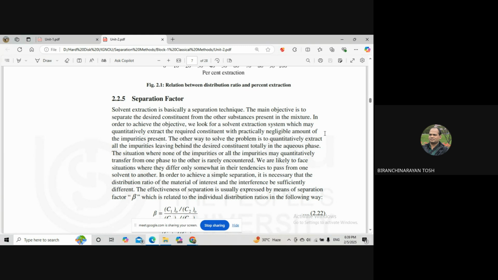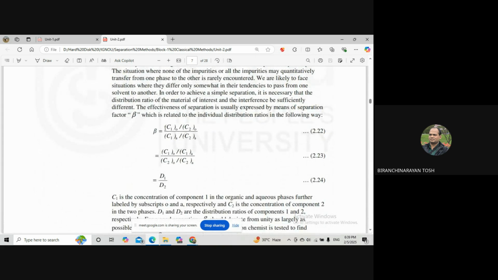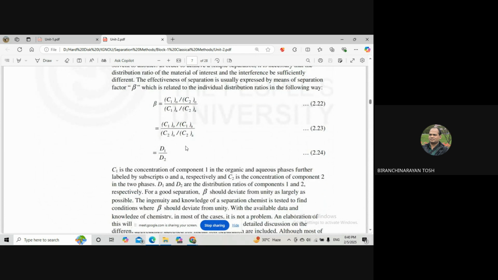The effectiveness of separation is usually expressed by means of the separation factor, that is beta, which is related to the individual distribution ratios in the following manner: concentration of component 1 in organic to concentration of component 2 in organic, divided by concentration of component 1 in aqueous to that of component 2 in aqueous, which is equal to D1 by D2.